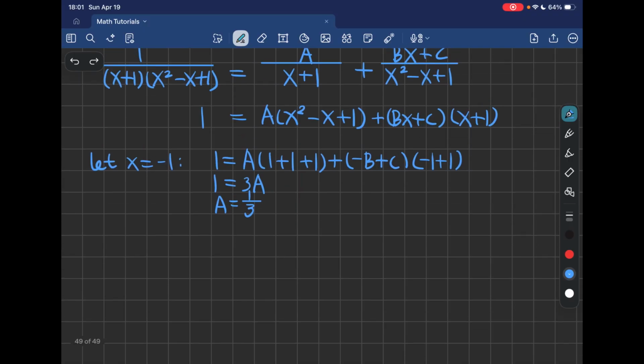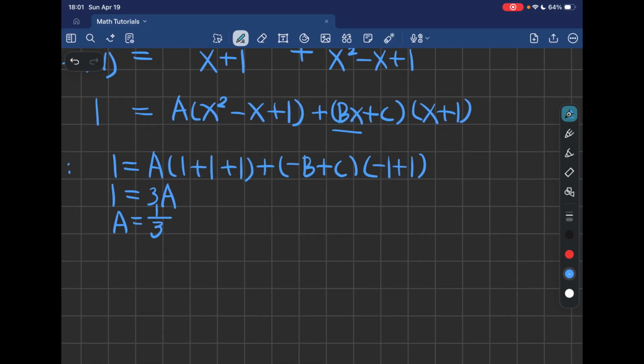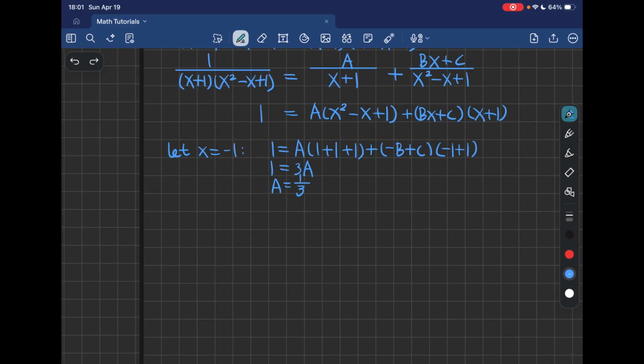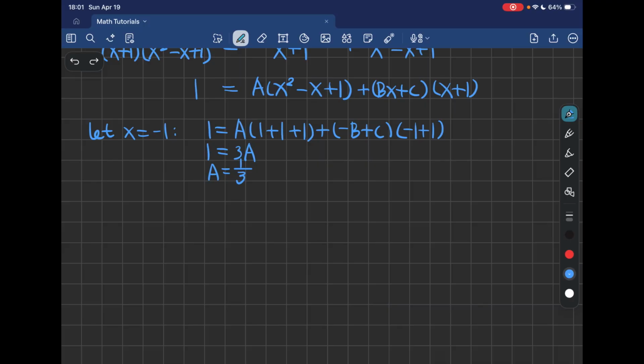So notice that b is also involved in the highest powers here. So what we can do is combine the terms of x squared, because x squared is the highest power. We can combine the terms with the highest powers and use a to solve for b.